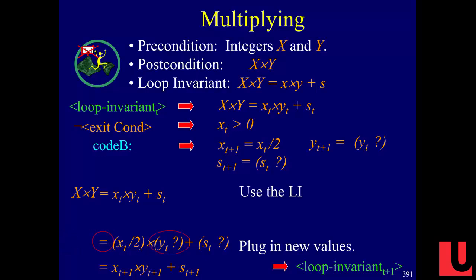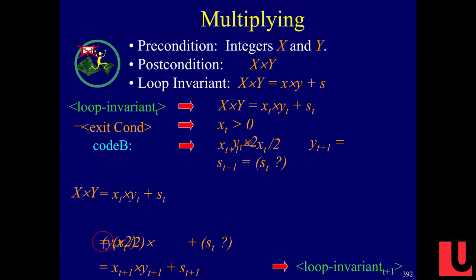What are we going to do? Multiply y by 2, right? That's pretty nice. X comes down by 2, y goes up by 2. Then, what do we need s to be? S doesn't change. Everybody good?